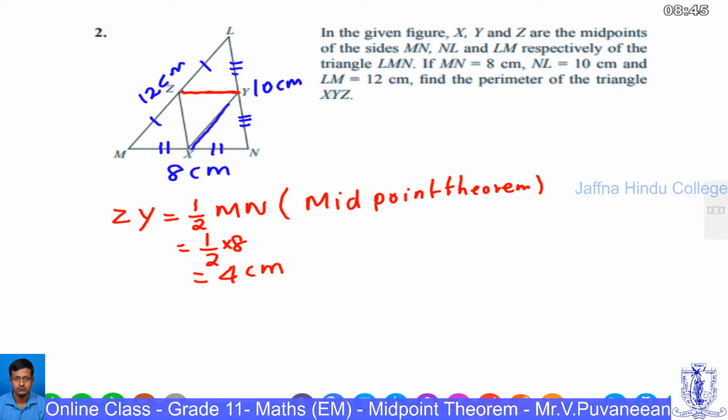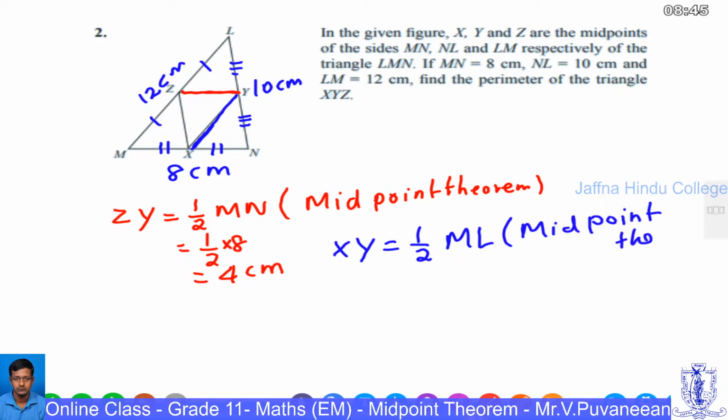Then XY. The length of XY equals half of the length of ML, according to the midpoint theorem.